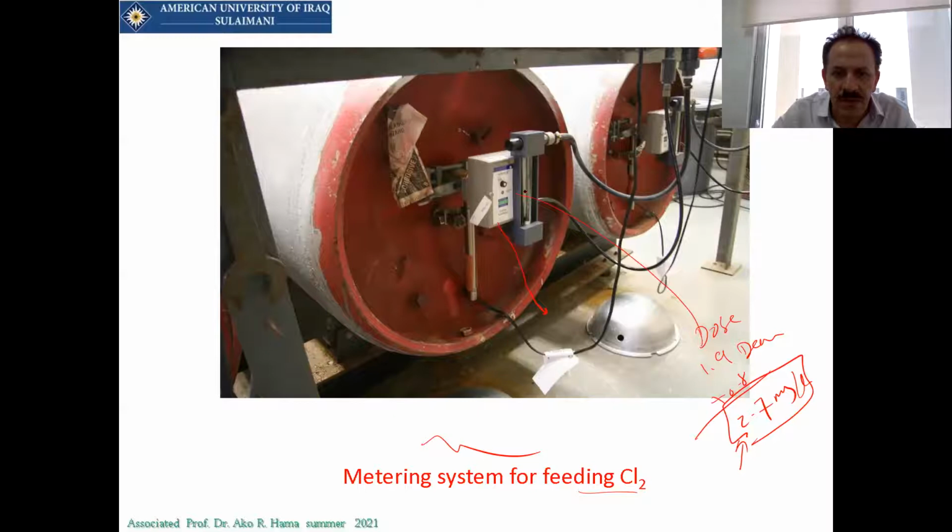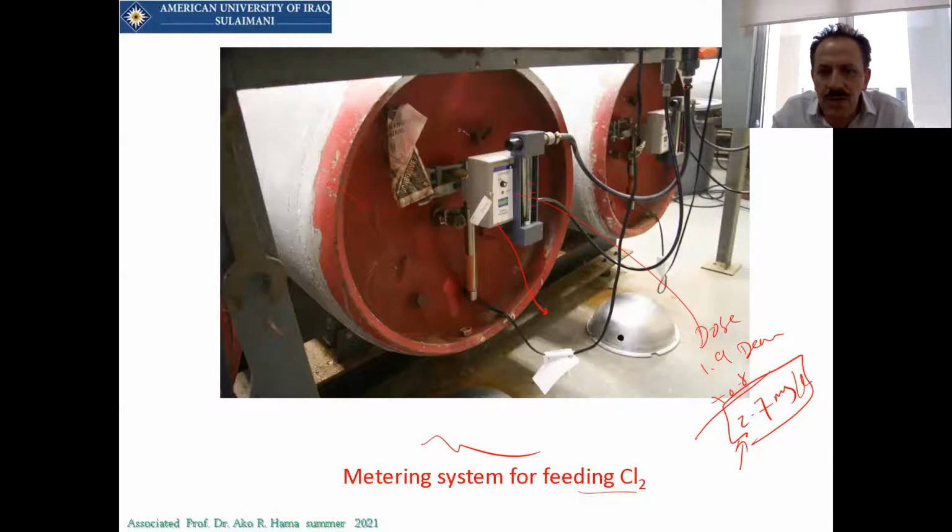You have a flow meter. This is the flow meter, and we connect this device with this chlorine cylinder. By the way, we should have two parallel metering devices.